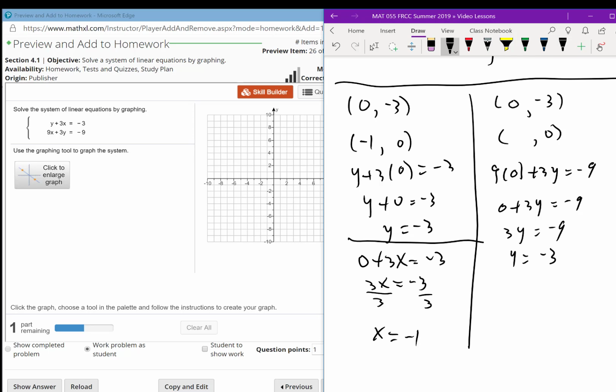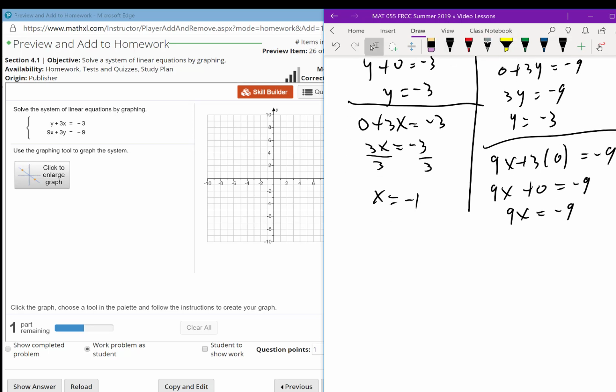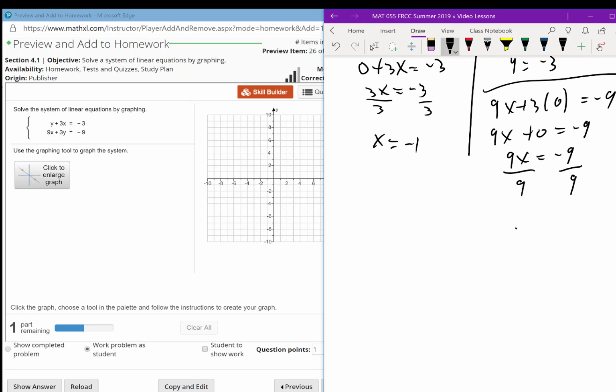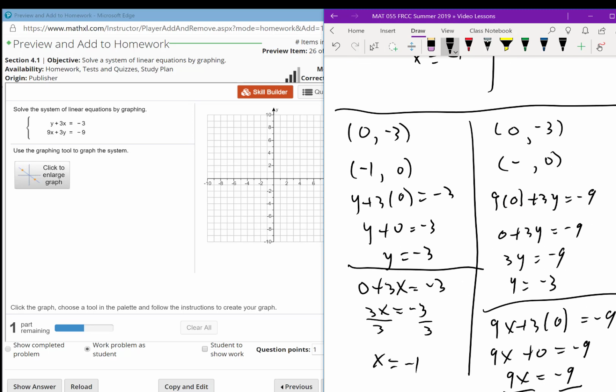And then doing the other one, I get 9x plus 3 times 0 equals negative 9. So 9x plus 0 equals negative 9. So 9x equals negative 9. So divide both sides by 9. So I get x equals negative 1. So notice here we get negative 1.